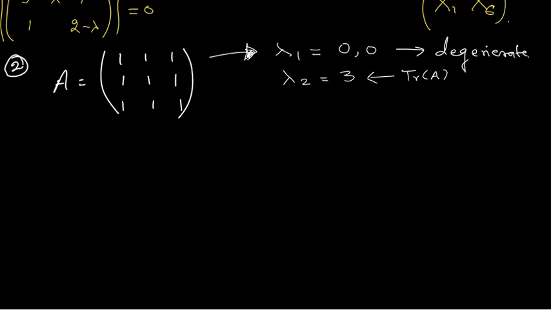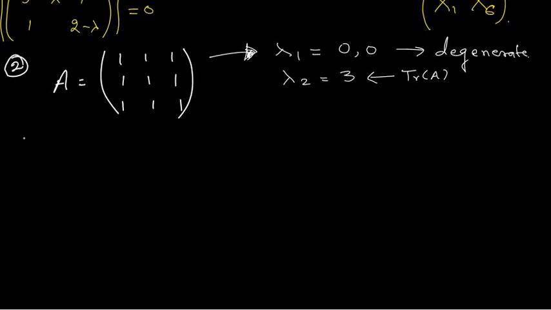Then you cannot comment anything about the eigenvectors. They can be linearly dependent or linearly independent. So let's see what happens here. I am not going to do the whole calculation because I have told you how you can calculate. Something is left for you, that is this mathematical calculation.